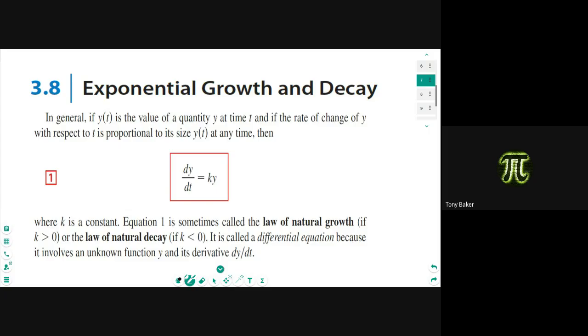So that would be an exponential growth. But what does growth mean? By definition, is growth a position or a velocity?